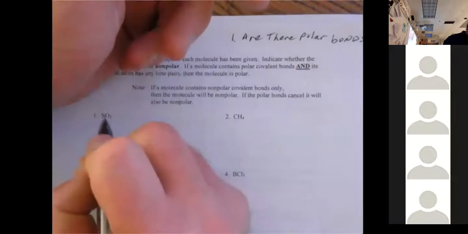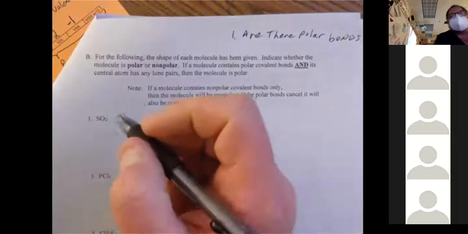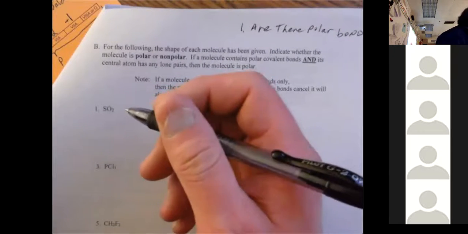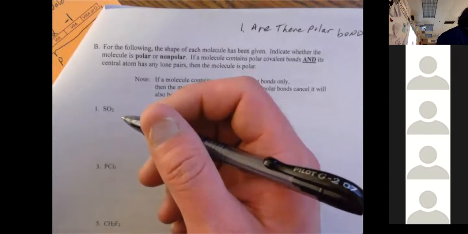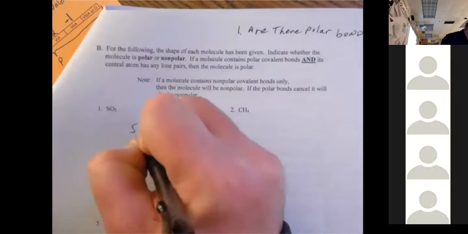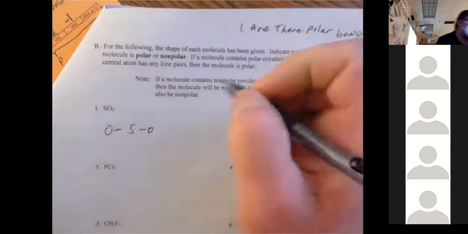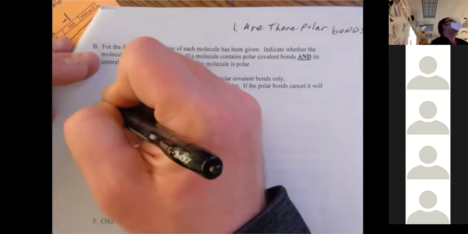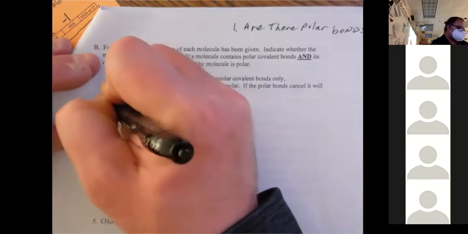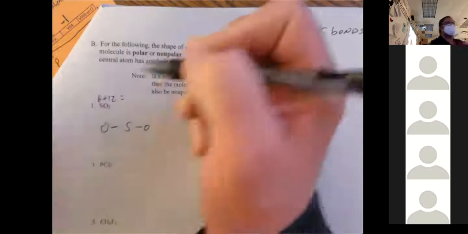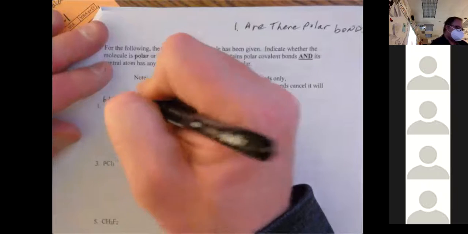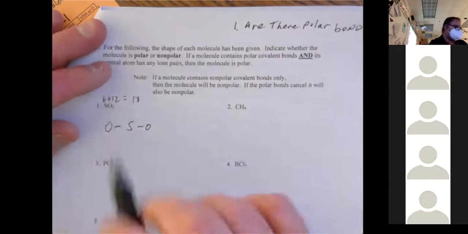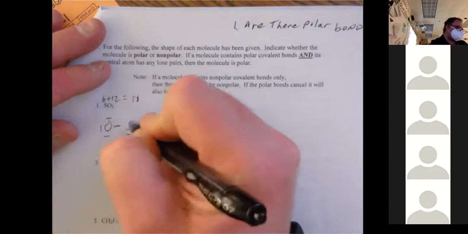SO2. Well, we've got to be able to draw that. Who's in the center of SO2? Sulfur. Oxygen there and oxygen there. So if we take a look, sulfur gives us 6 electrons and oxygen gives us 6 each for a total of 18.